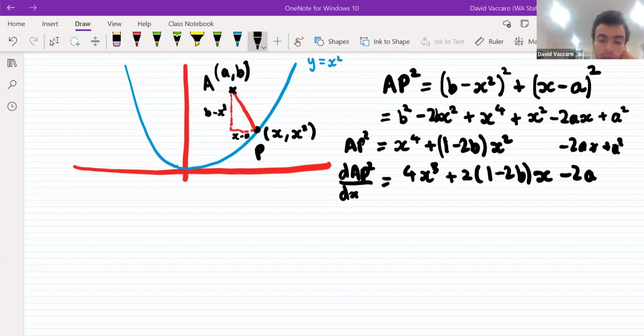Okay, and what do we know about the solution of cubic equations?